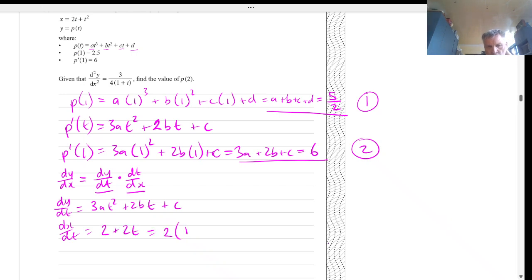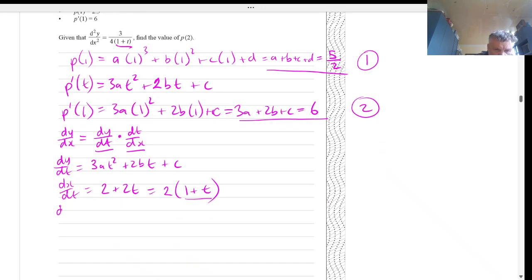I'm going to factorize the 2 out and write it as 2 times 1 plus t. It's just nice to factorize, but I also notice that 1 plus t features in the final expression for the second derivative, so that is likely to become useful.